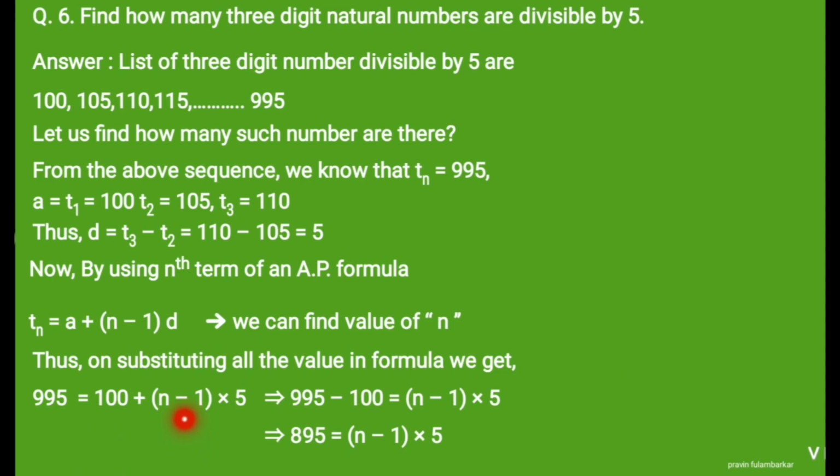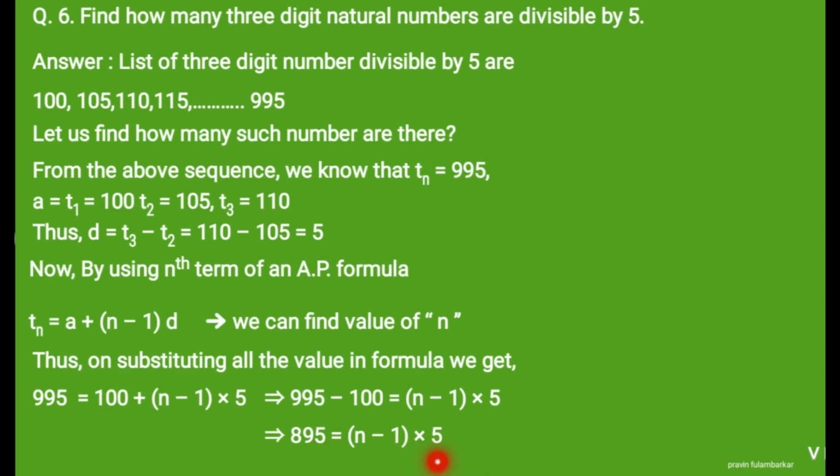Now calculate this. We transfer this 100 to the left hand side, so we get 995 minus 100, that is 895, and on the right hand side n minus 1 into 5, so keep this as it is.